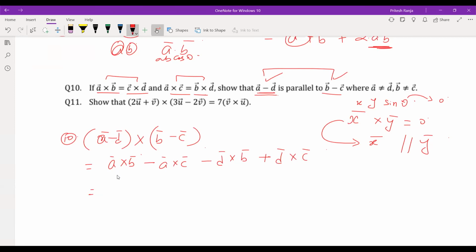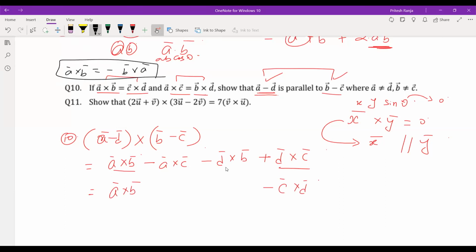So from here, a cross b and c cross d are equal. But here I have d cross c, so I can write this as a cross b, this as minus c cross d, right? You have to also remember an identity that a cross b is the negative of b cross a. I have told you in the last class.